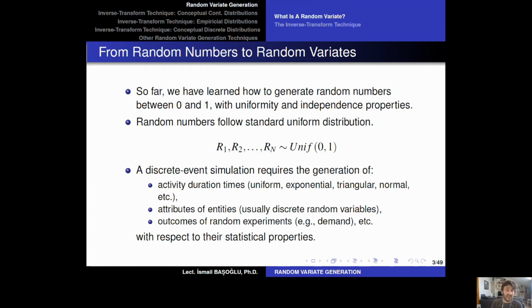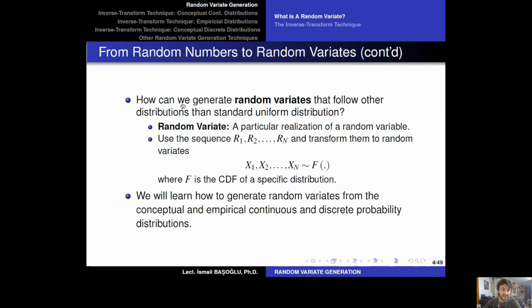Now, you see, what we want to generate is not just random numbers from the standard uniform distribution. We want to generate random variates from other types of distributions. So the question here is this: how can we generate random variates that follow distributions other than the standard uniform distribution? A random variate is a particular realization of a random variable.